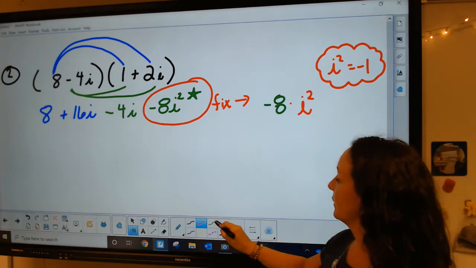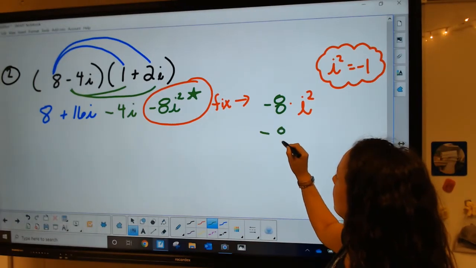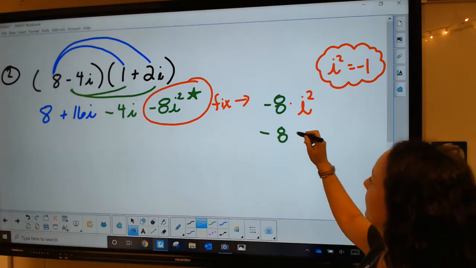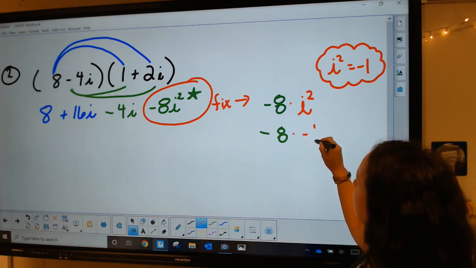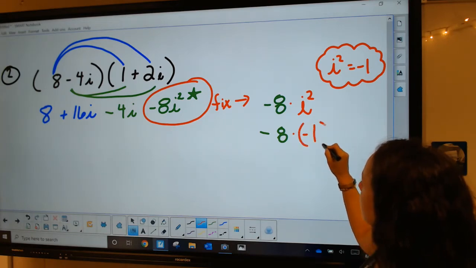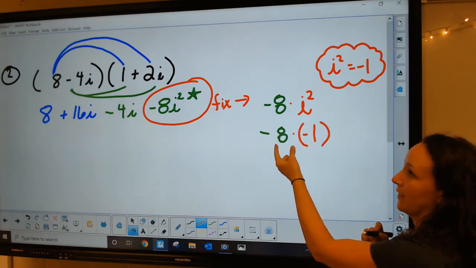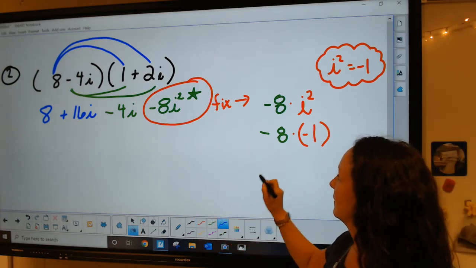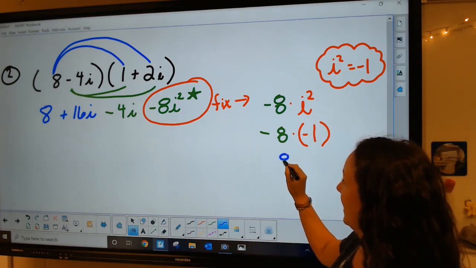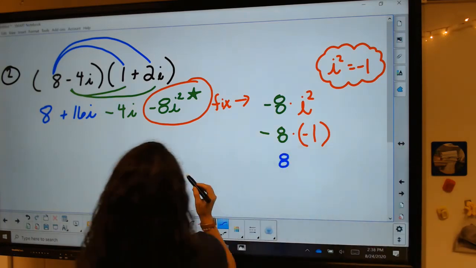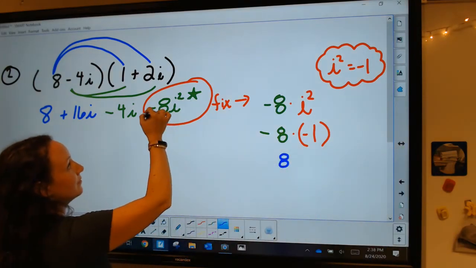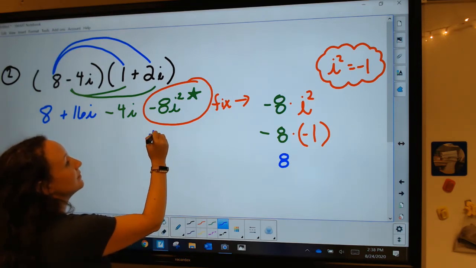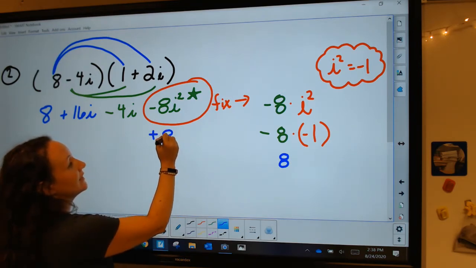So I'm going to replace i squared with negative 1. And I'm multiplying these numbers together. So negative 8 times negative 1 becomes a positive 8. So no longer do I have negative 8i squared. I have a positive 8 there instead.